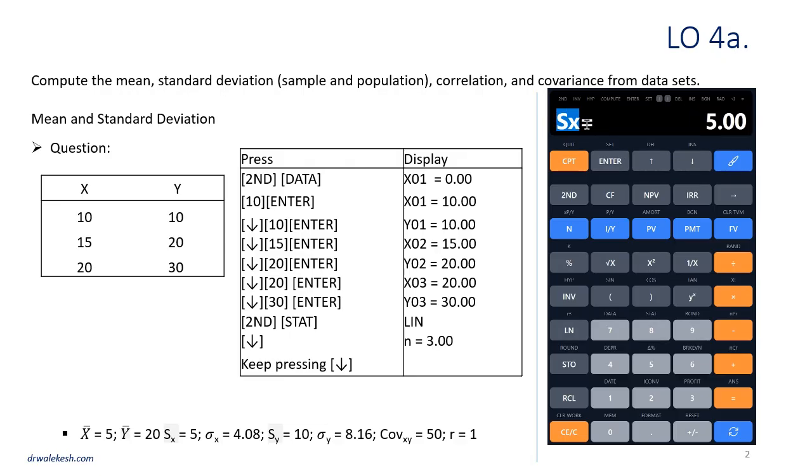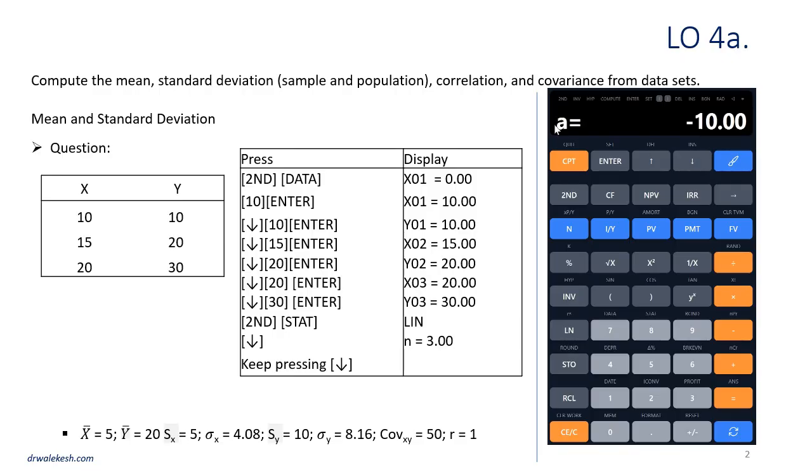The standard deviation of x, to be more specific, sample standard deviation, that's 5. Arrow down, the population standard deviation, we have it here, of x. The mean of y, that's 20, we have it here. The sample standard deviation of y, we have it here. The population standard deviation of y, we have it here.